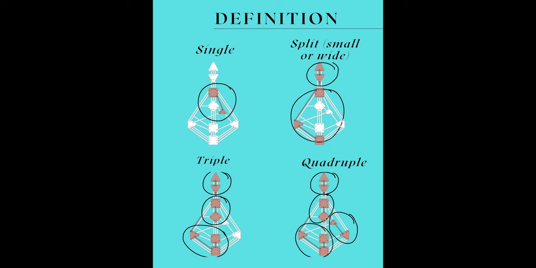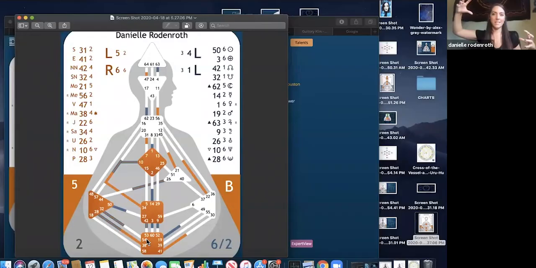Some people I've seen have a piece up here in the head and then a piece down here. That would be a complex wide split. Because if we understand that the genetics, like I was telling you in the beginning, are seeking to bridge what we're not, imagine somebody who has definition up here and definition down here, nothing in the middle.